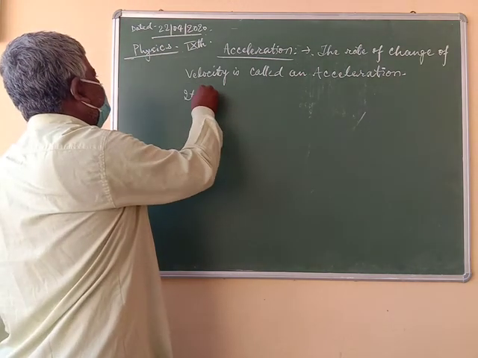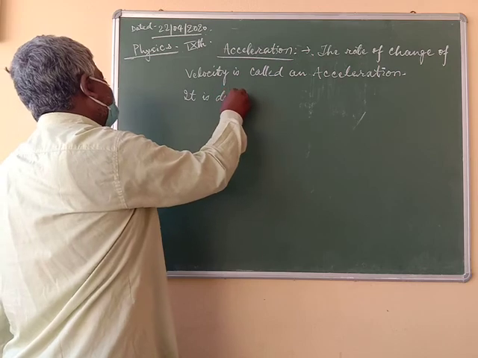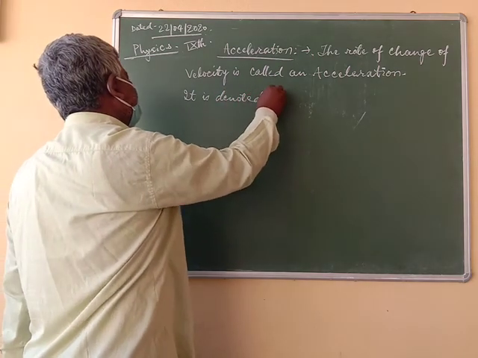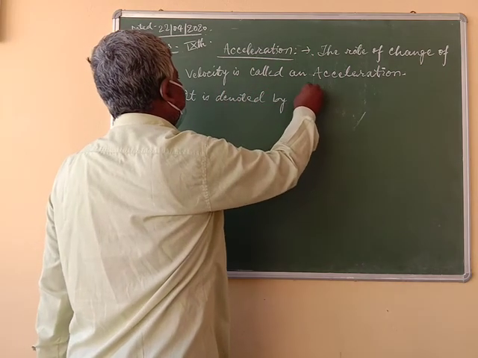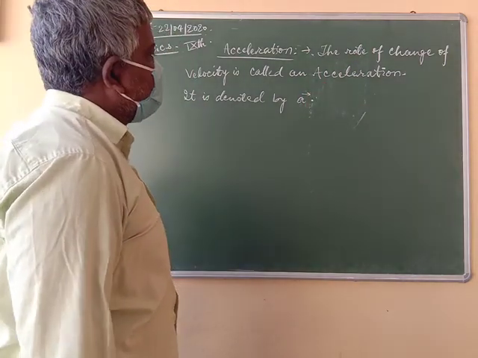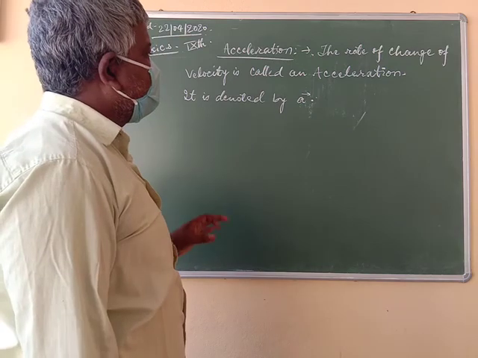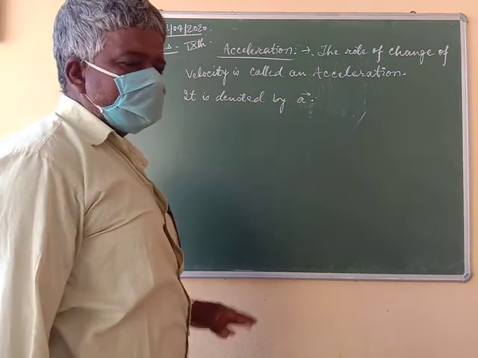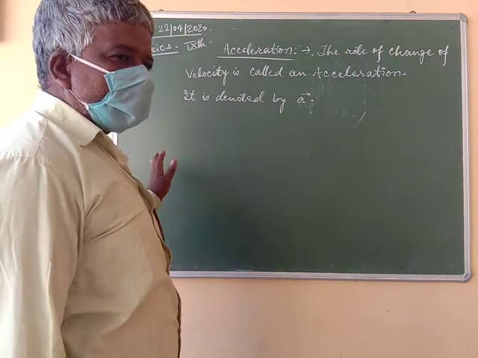It is denoted by small a. The arrow sign shows that it has direction, magnitude and direction both.